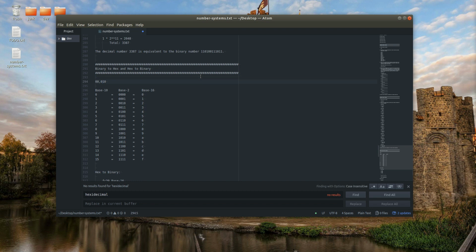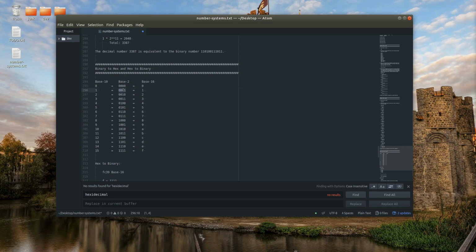You get rid of leading zeros. Theoretically you could have an infinite number of zeros in front and it'd still just be 10. So that's what's happening here. I just padded it with zeros.